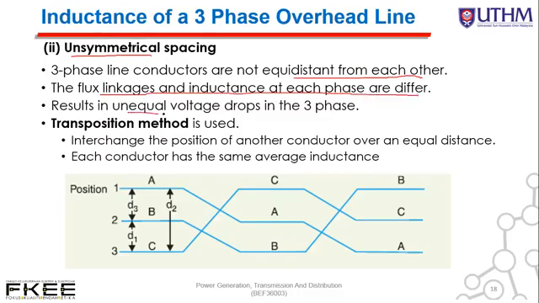This results in unequal voltage drop in the three phases. To handle this, we can use the transposition method, that is, interchanging the positions of the conductors over equal distances. So we make the distance an equal or average distance between these three conductors. At the end, each conductor will have the same average inductance.